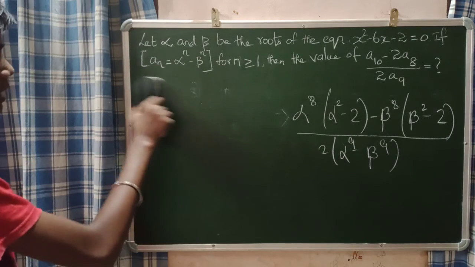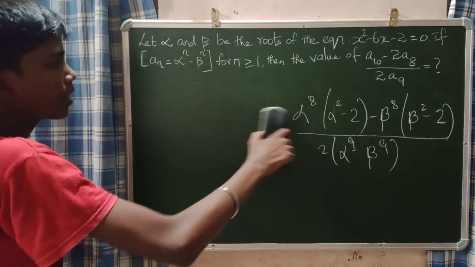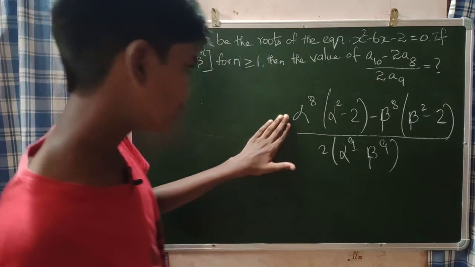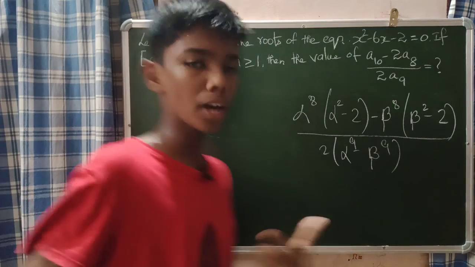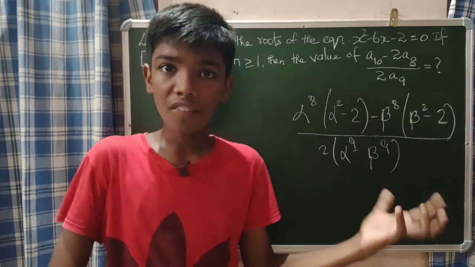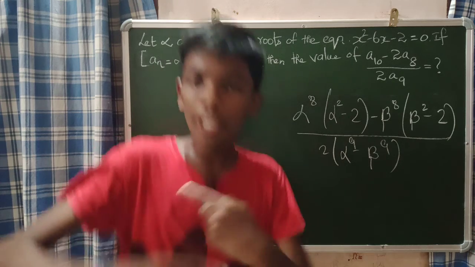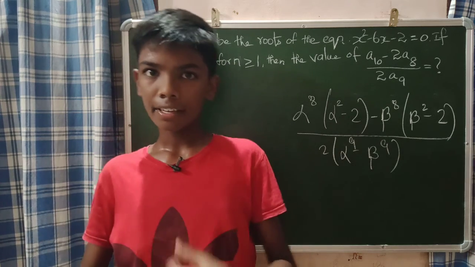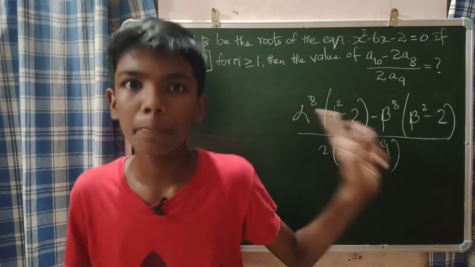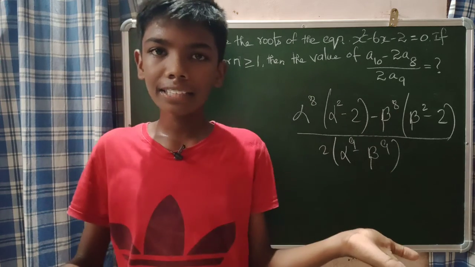what I'm going to do is, from now, it's not very easy to solve this particular expression. Of course, you yourself know, from now it's not very easy to solve this expression and to find out the value. Because guys, if you keep simplifying, you will again arrive at an expression that has alpha and beta, and you can't get the answer.